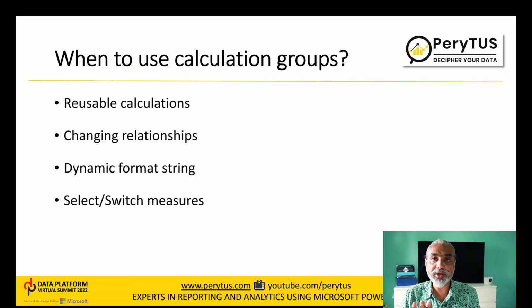So you put the calculation items on a slicer, and let the user switch between the measures the way they want to see the data, instead of predefining visuals and creating multiple visuals, like sales by month, then quantity by month, and other measures as well. Users can tweak whatever is important to them to see in the reports.